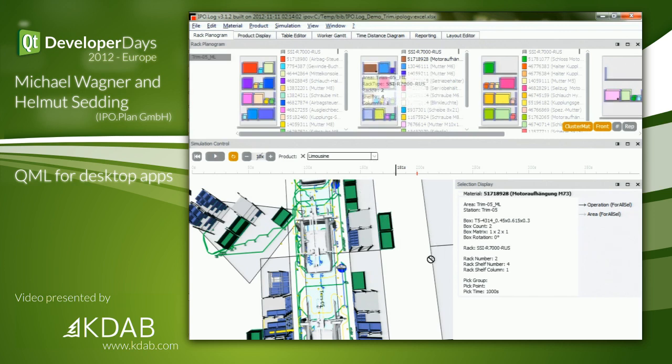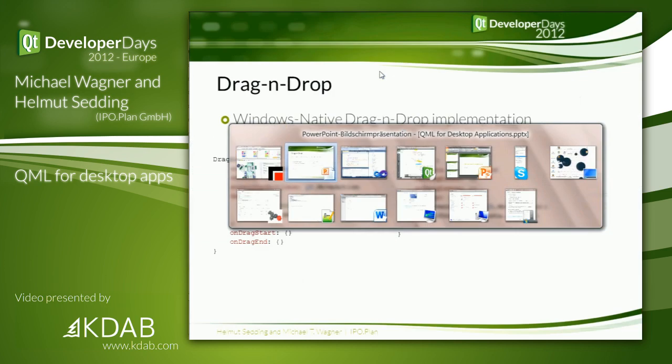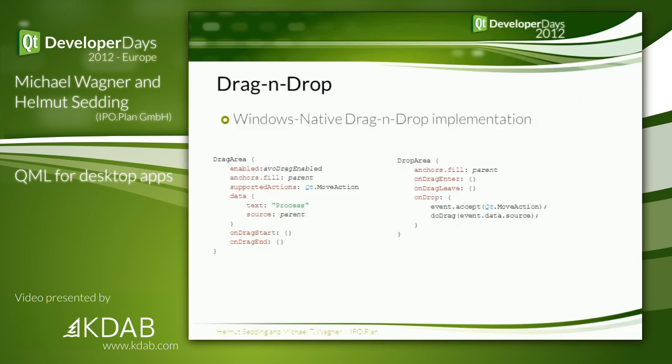I can drag it even to another window or another application, which has been possible in QML for a while, but not by QML itself. And for this, you find some extensions to QML, like basically some custom objects that define drag areas and drop areas. For a drag area, I say, okay, it's basically like a mouse area.